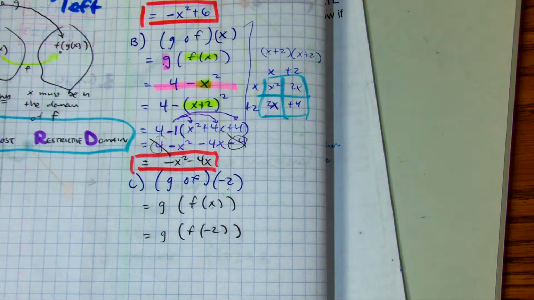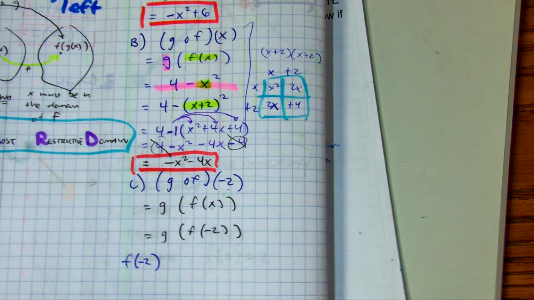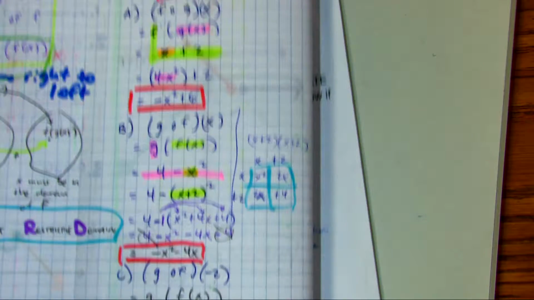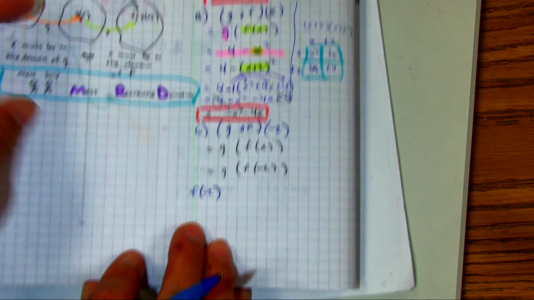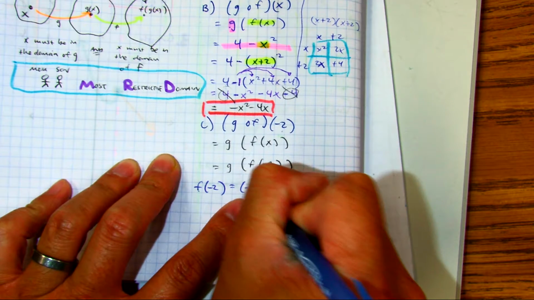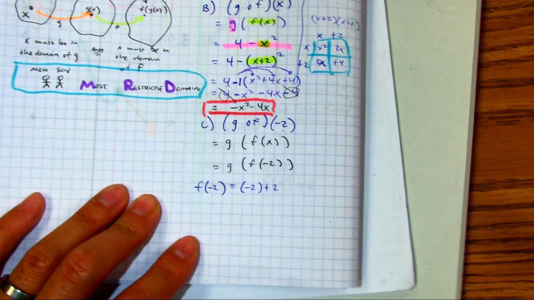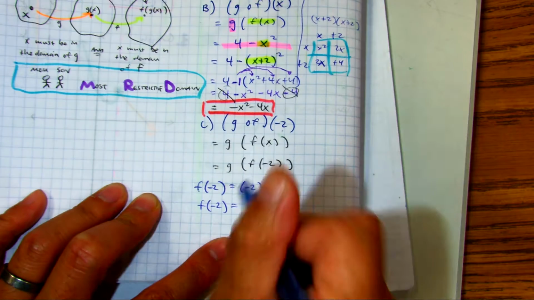Okay, so if I put in f of -2 into my function, f of x, way up there, is x plus 2. X plus 2. And so f of -2 is going to equal -2 plus 2 is 0.